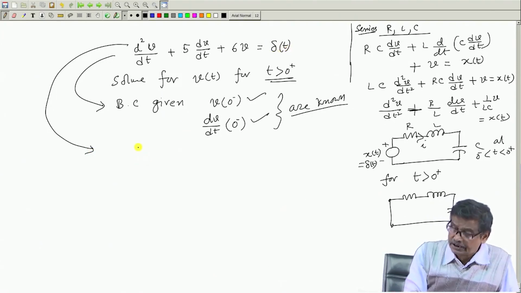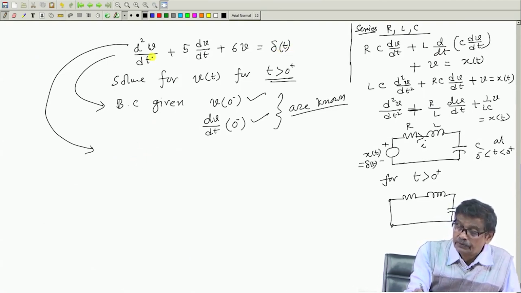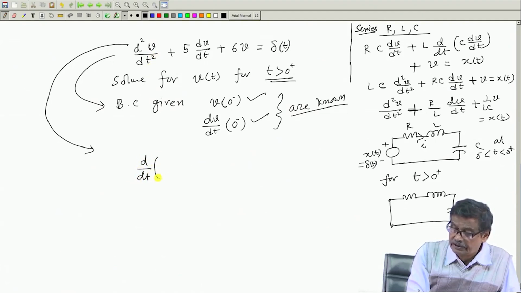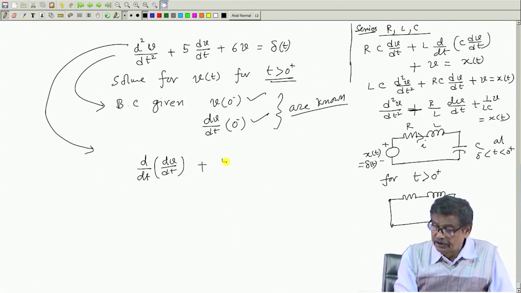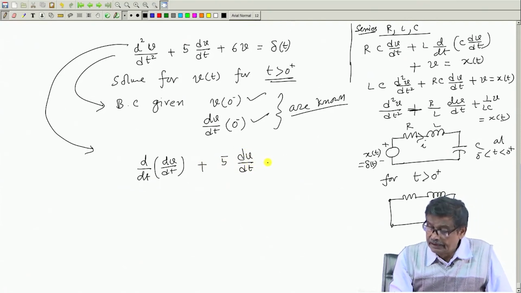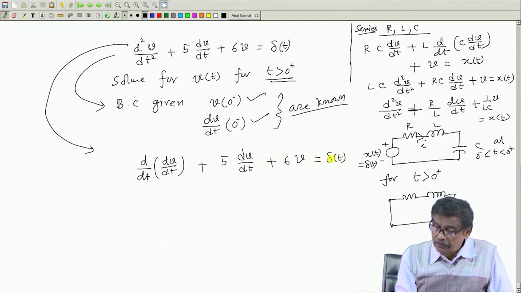So, multiply both sides with dt. This was actually d/dt of dv/dt plus 5 dv/dt plus 6v, and that is equal to delta(t). Now, what will I do?